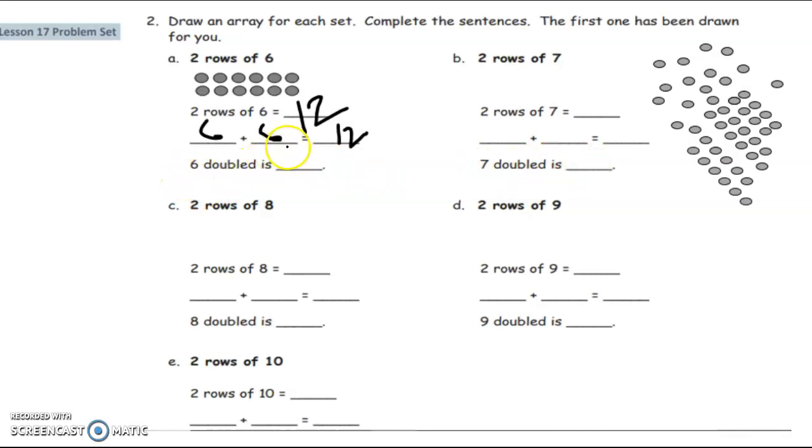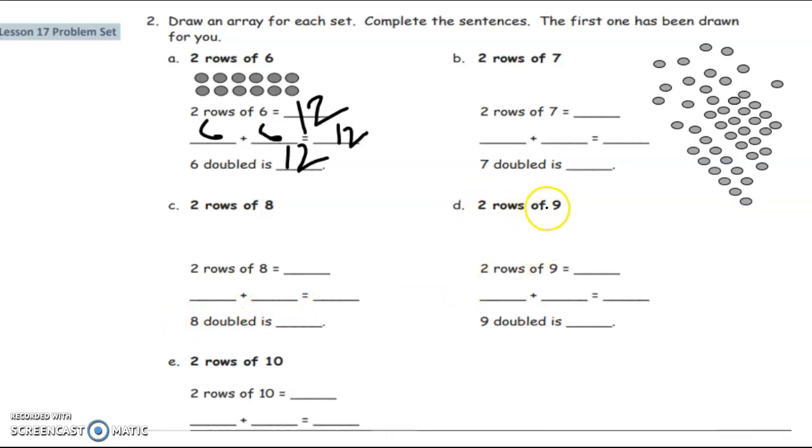And here again, we forgot to put 6 doubled equals 12. Letter C, 2 rows of 8. You should have 8 circles on the top, 8 circles on the bottom. Those are 2 rows, and 2 rows of 8 is equal to 16. The equation should be 8 plus 8 equals 16. And we know that 8 doubled is 16.